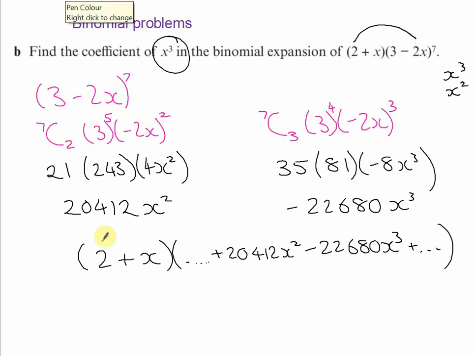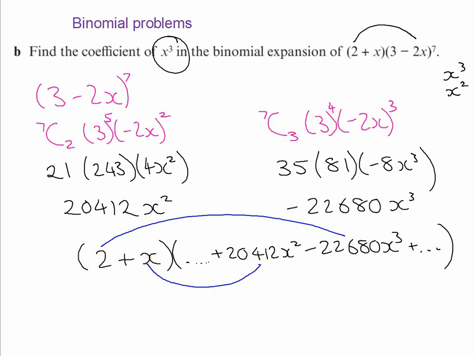Because I'm going to do this one multiplied by the x cubed term and the x term multiplied by that. So I've actually got to times that last one there by 2. So I have minus 45360 x cubed, plus 20412 x cubed.